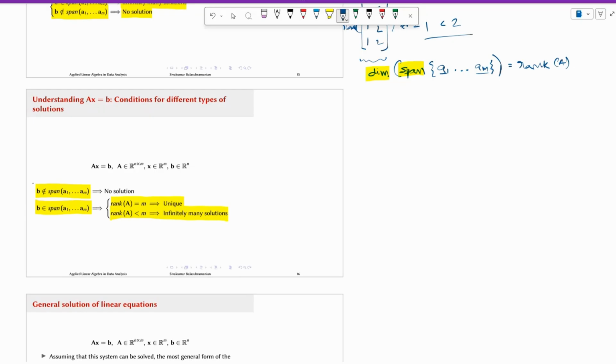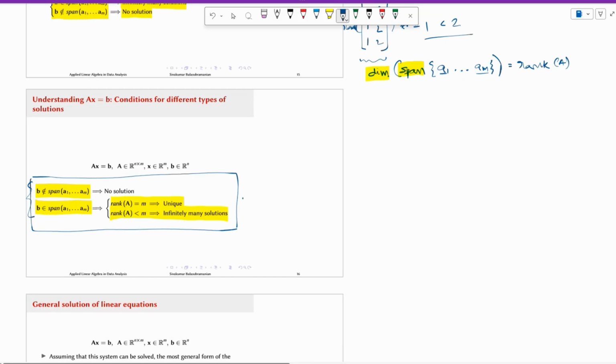And you can relate all of these conditions again to the three examples that we saw earlier. These are a complete summary of the conditions on A and B for us to know what type of solution we have.